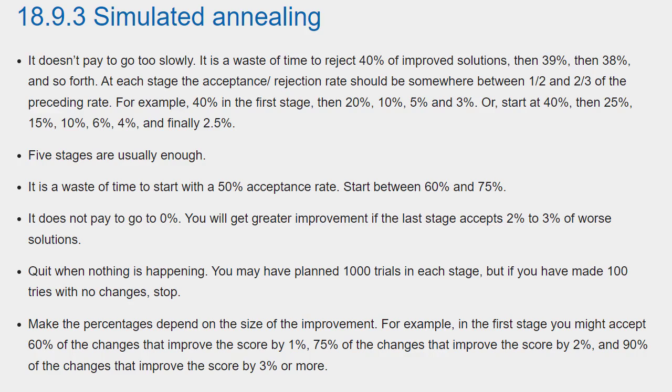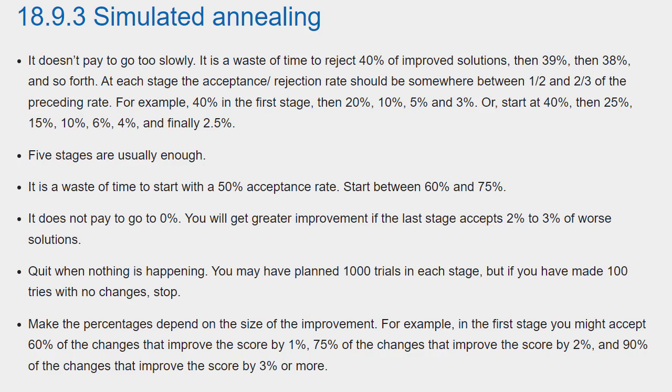For example, 40% in the first stage, then 20%, 10%, 5%, and 3%. Or start at 40%, then 25%, 15%, 10%, 6%, 4%, and finally 2.5%. 5 stages are usually enough.